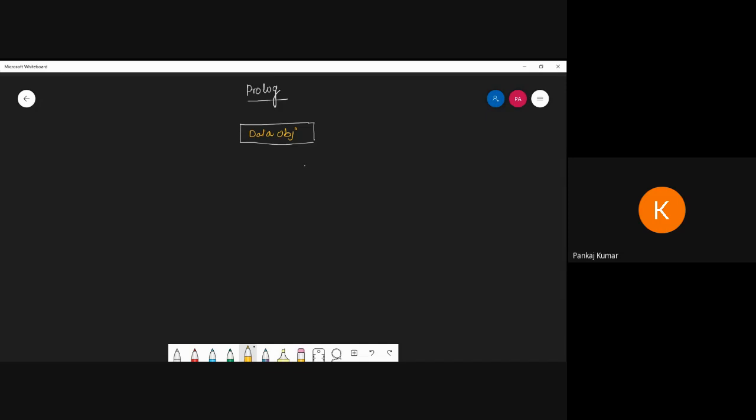Okay, and this data object can be defined as two types this way. Now this object can be divided again into two types. It has the name, suppose, simple object, and this will be the structure.